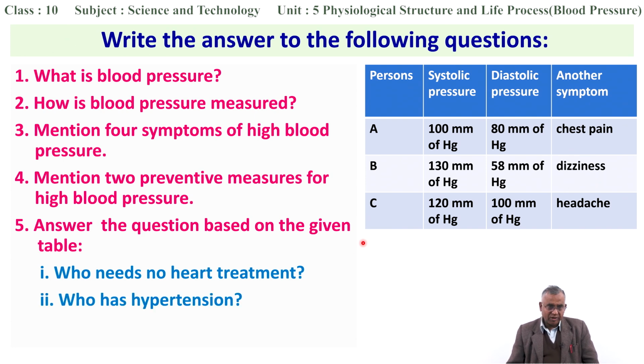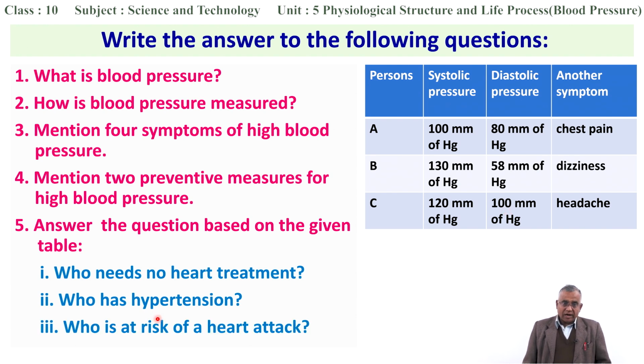Next question is, who has hypertension? Hypertension is related with what? High blood pressure. So you find out which person has high blood pressure. That is clear, C1, diastolic 100, more than 90. And next one is, who is at the risk of heart attack?